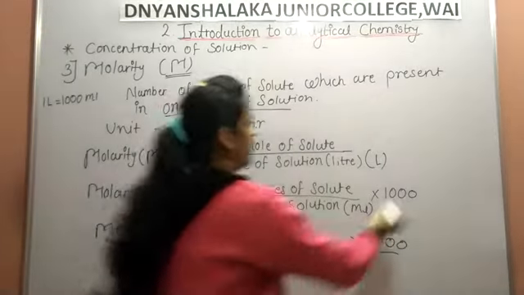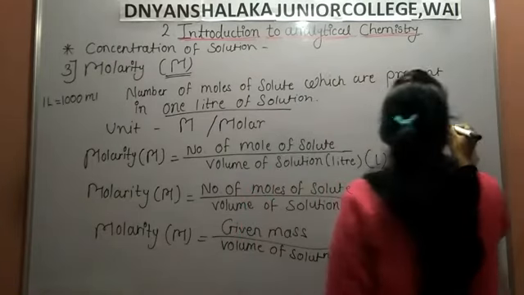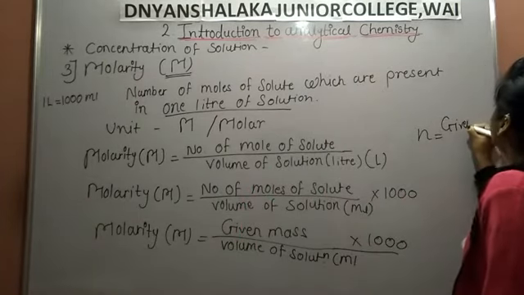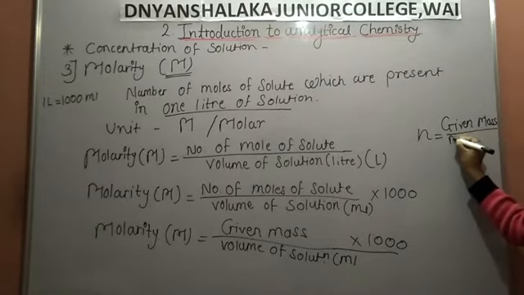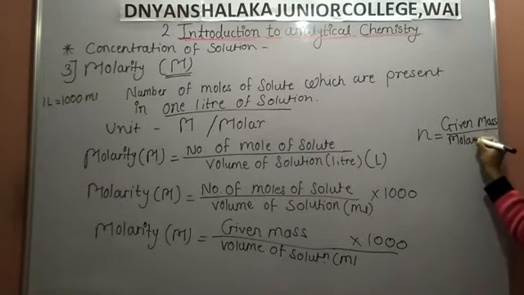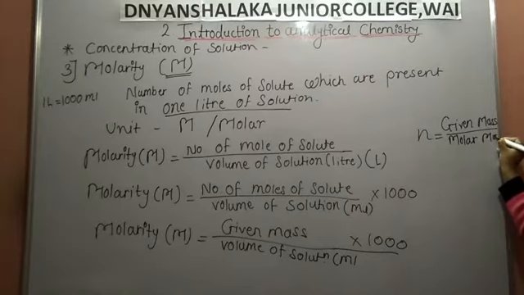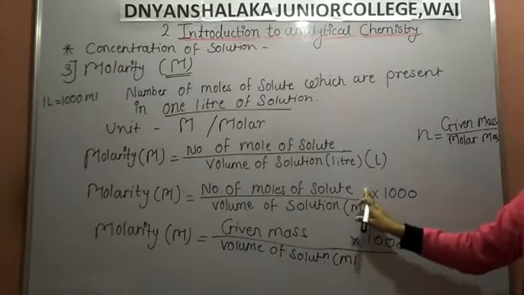We know the number of moles, denoted by small n, is given mass of substance divided by molar mass or molecular mass of substance. So using this we find the number of moles of solute.